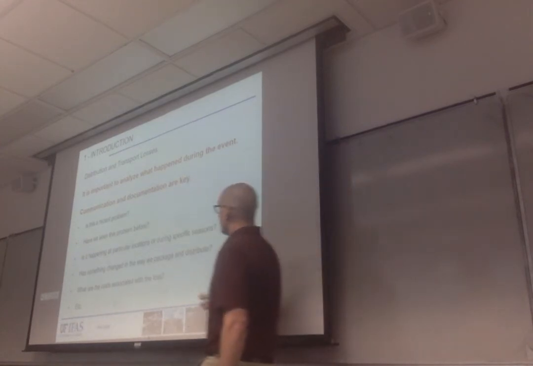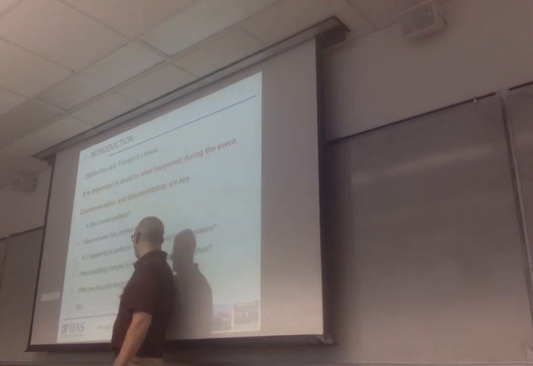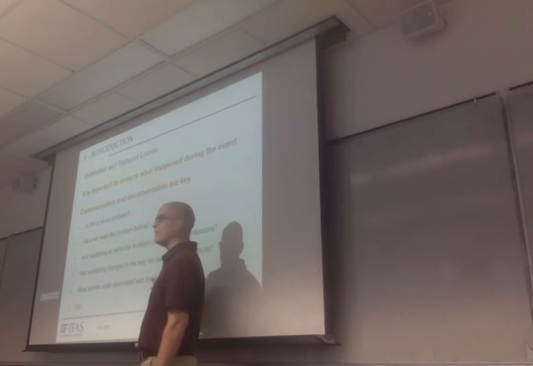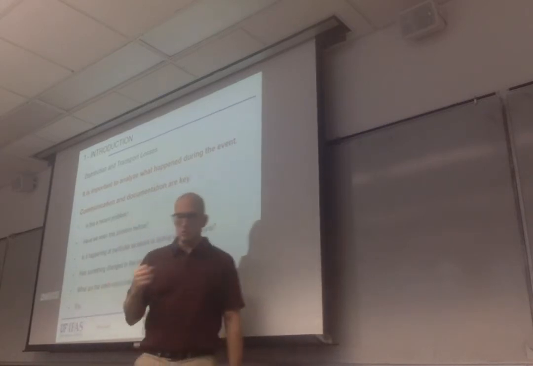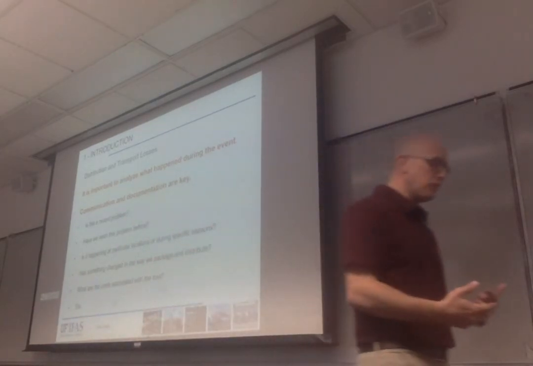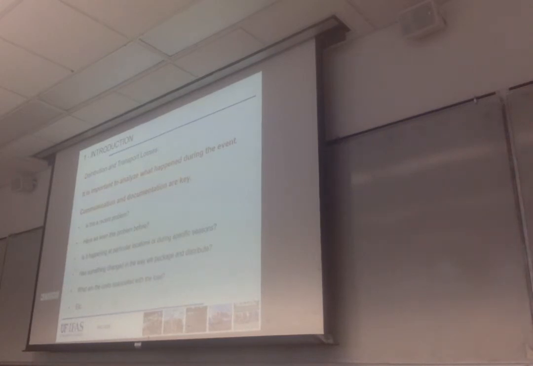Okay. And that's important. What are the costs associated with that loss? Okay. Because one thing you will have to realize as we go through this, okay, we have to live with losses. Okay.